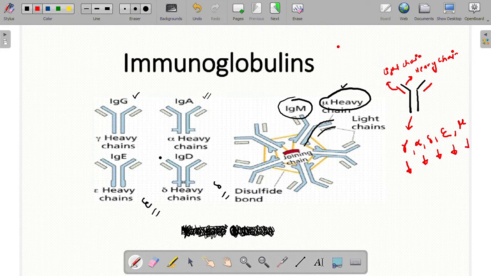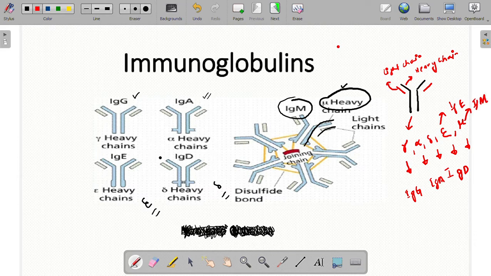In case of gamma, it is called IgG. In case of alpha, it is called IgA. In case of delta, it is called IgD. In case of epsilon, it is called IgE, and in case of mu, it is called IgM.